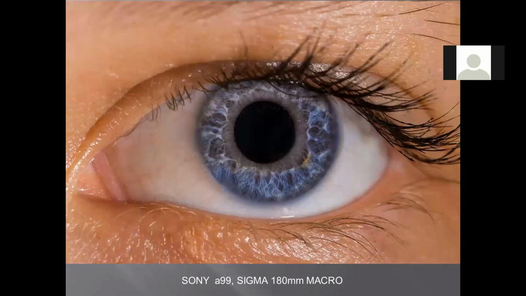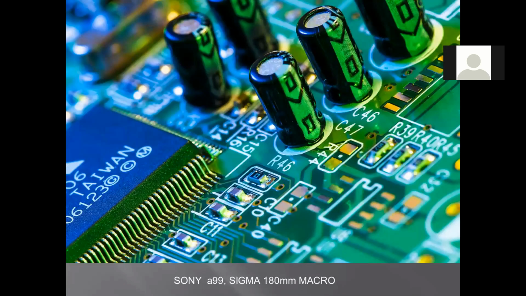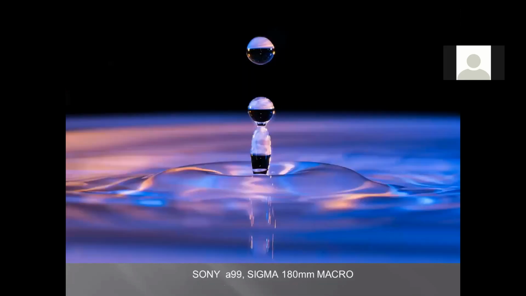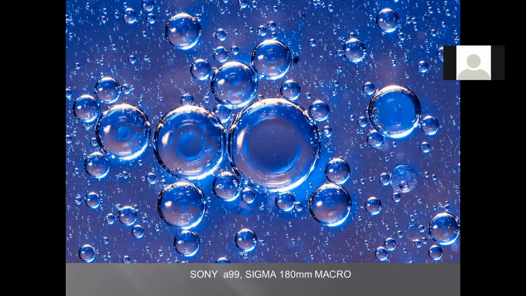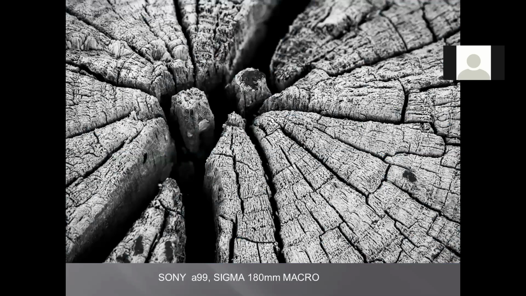The eyes, human eyes, or computer parts like electronics, and playing with drops of water inside the house. And here you can see the watch parts and the bubbles, textures.